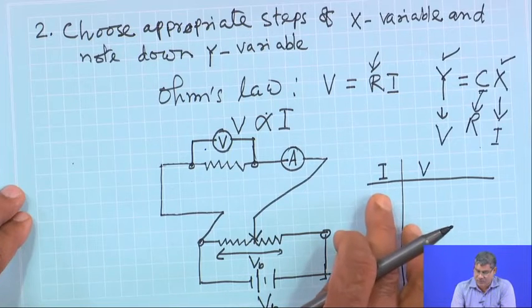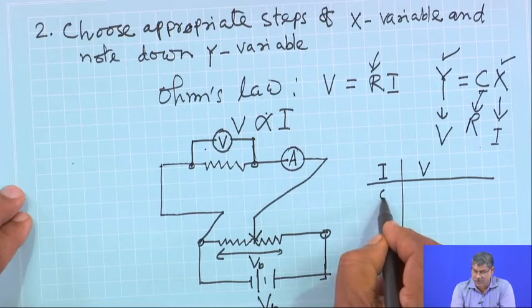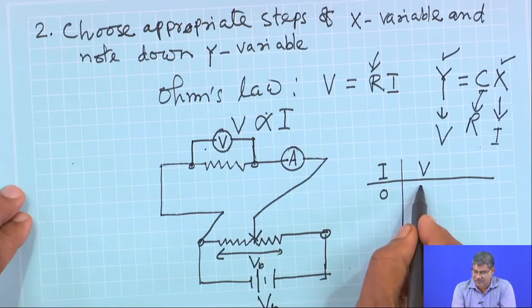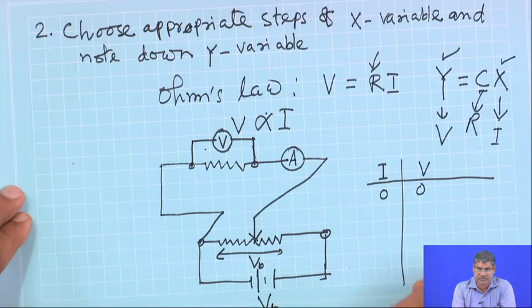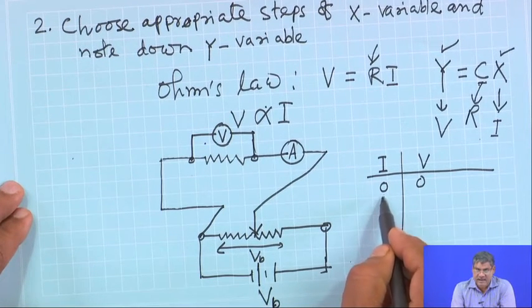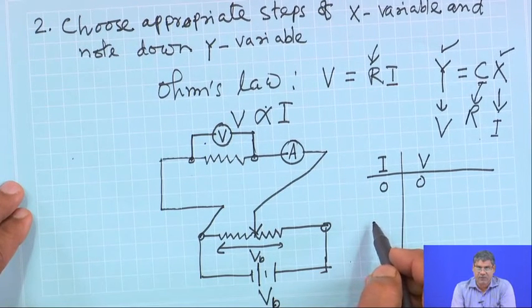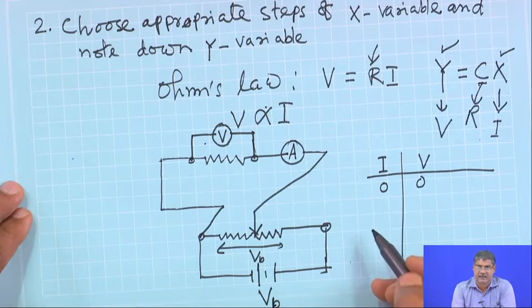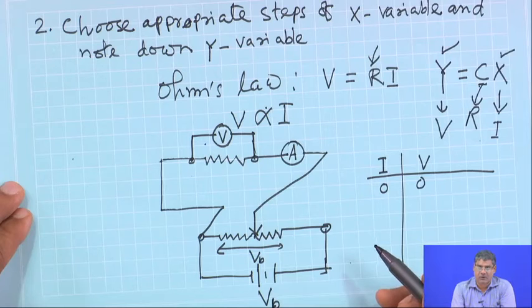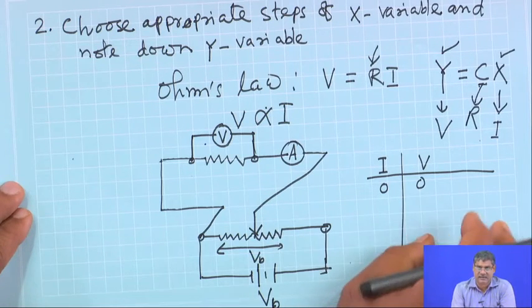So, initially 0 current, and obviously it will be 0 voltage. Then for the next step, you choose whether to vary in milliampere, ampere, or microampere, etcetera.